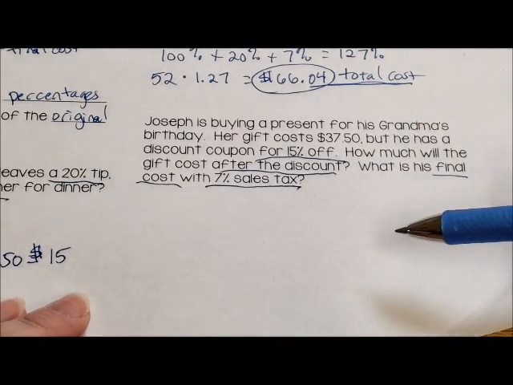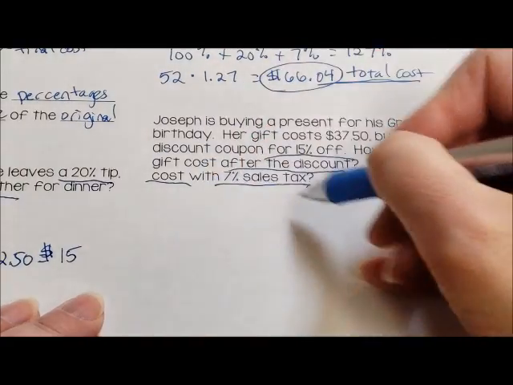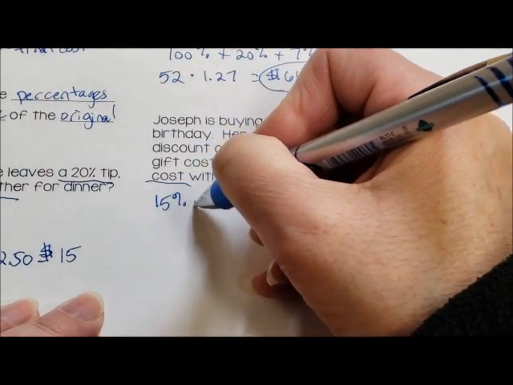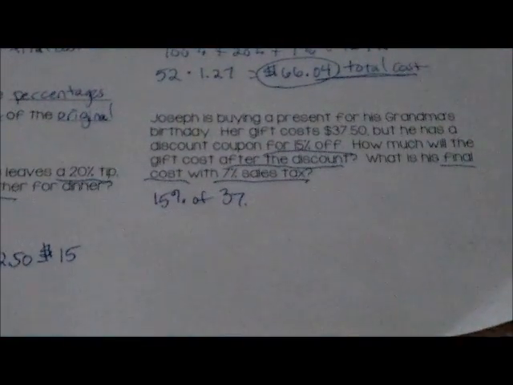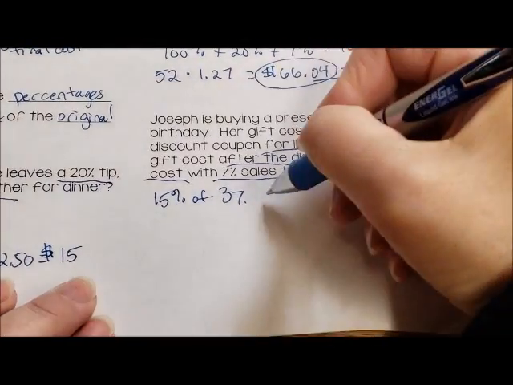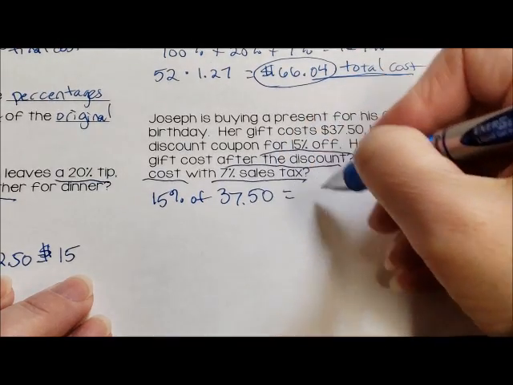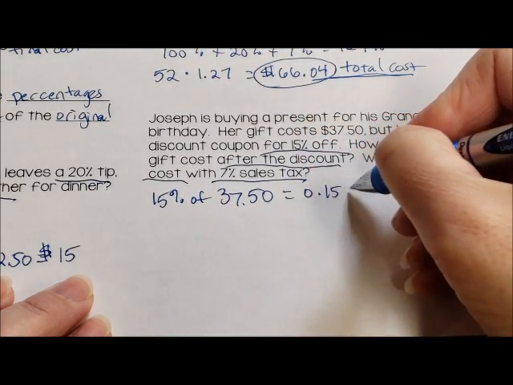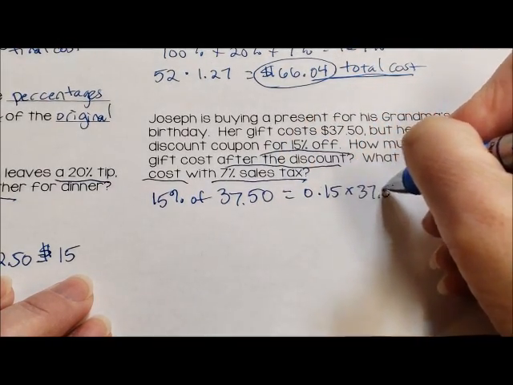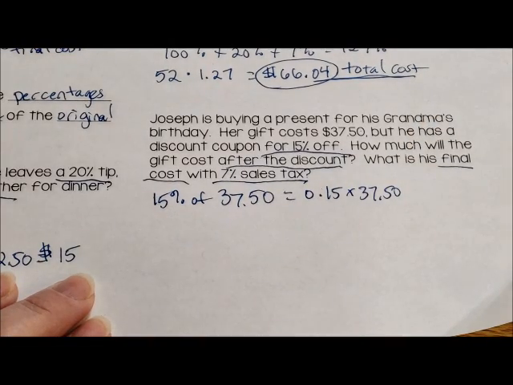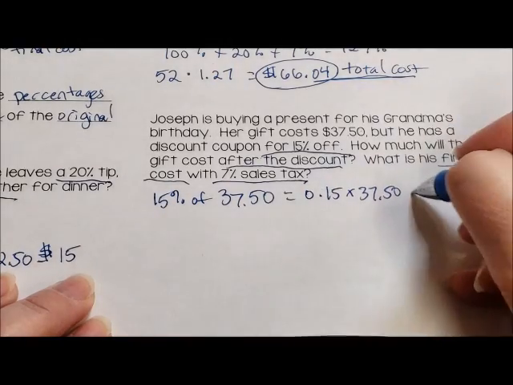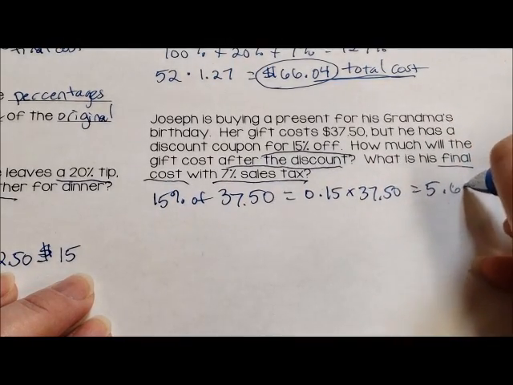So let's use the first method for this problem. So we're going to need to do 15% of $37.50. So that's going to be 0.15 times 37.50. And when I do that, I get that it is 5.625.